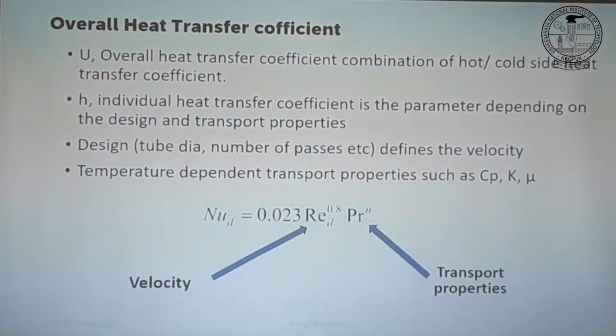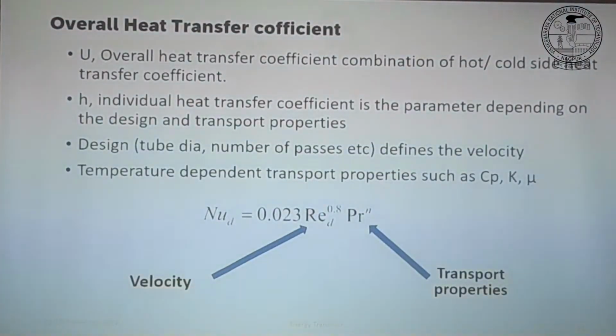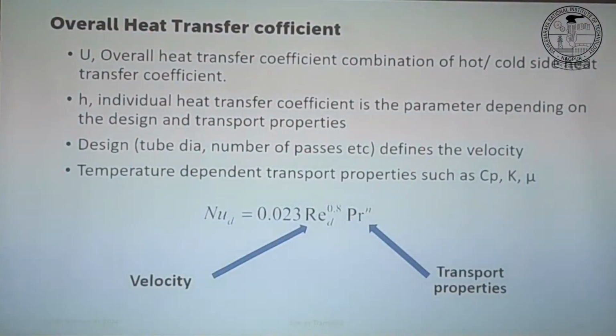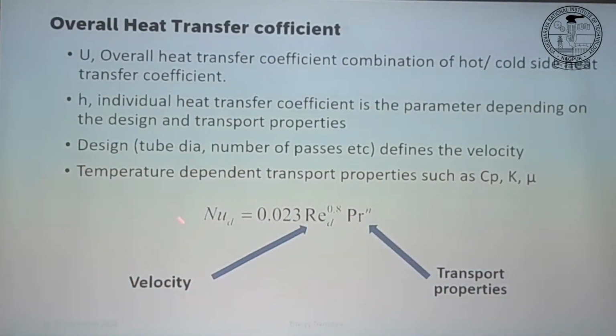So for heat transfer also, we want to have very high turbulence. Turbulence you create by higher velocity, because Reynolds number is dV rho by mu. So velocity you increase by doing something in your design.